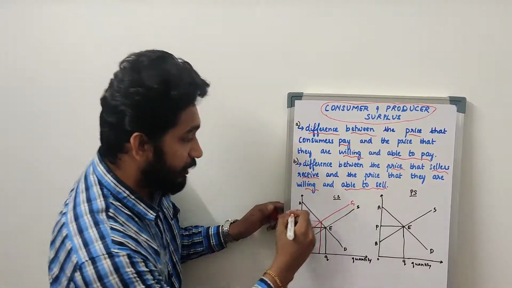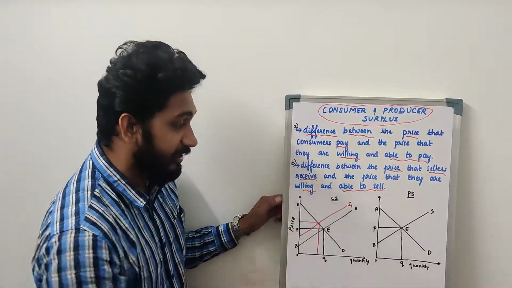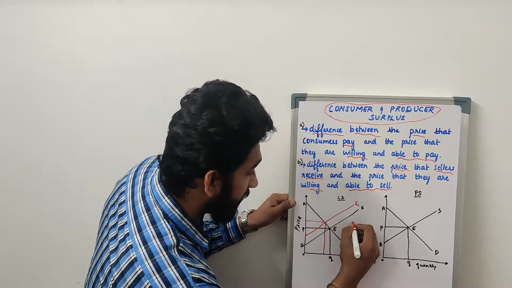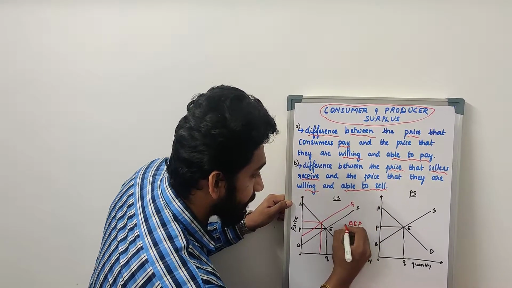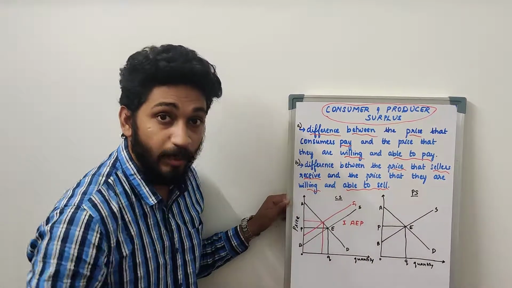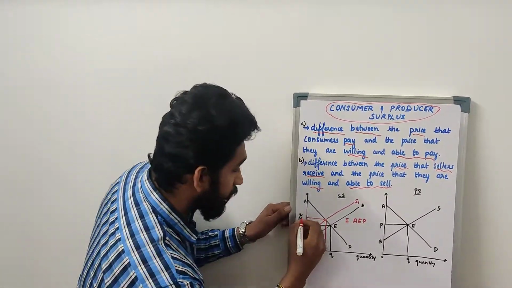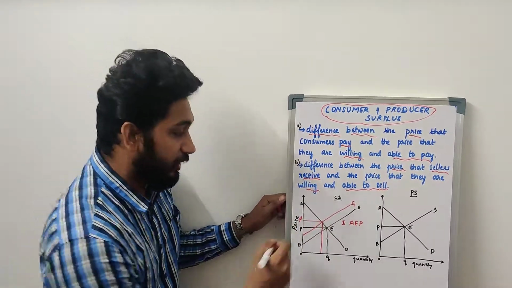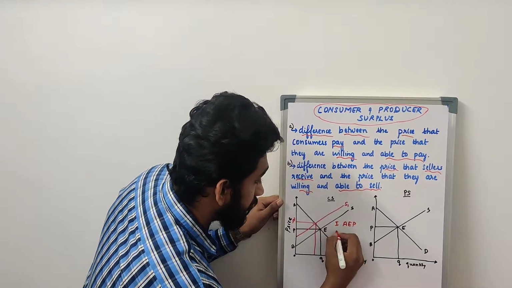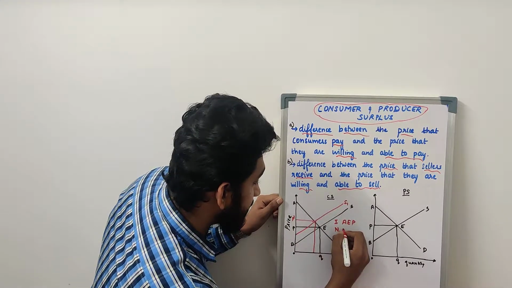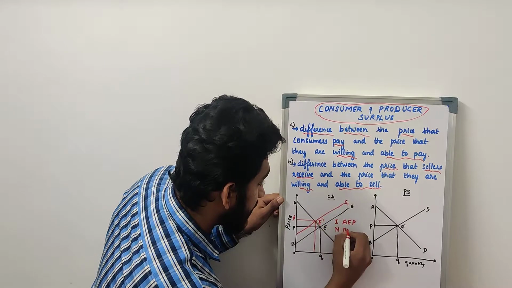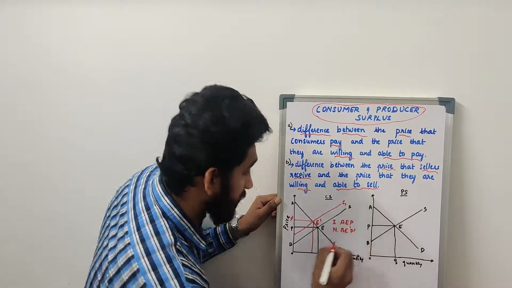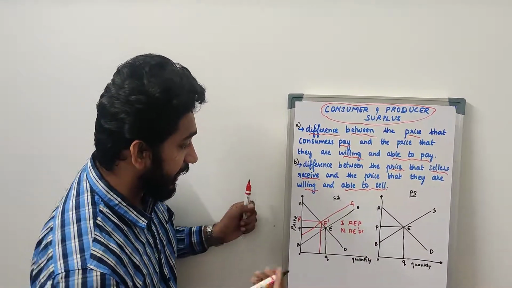Now what happens? Your initial consumer surplus was the area AEP initial. But now, because of the change in supply, your price has increased to P dash. So your new consumer surplus is the area A, E dash, P dash. For better understanding, I'll draw it in.